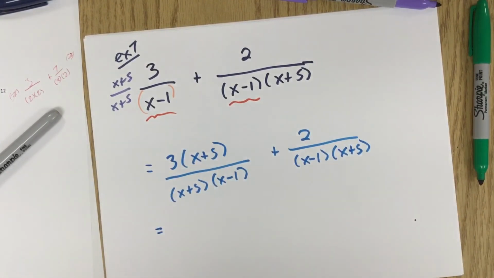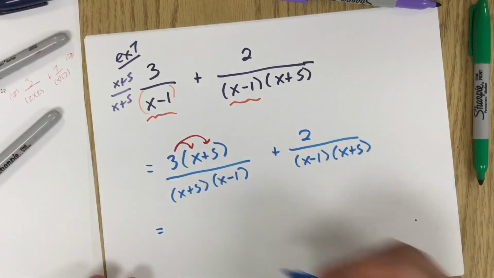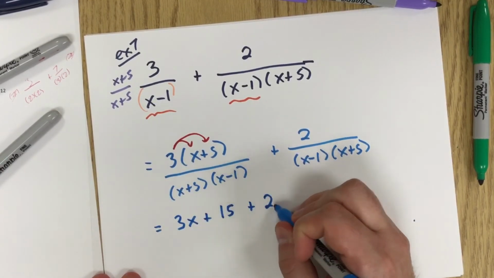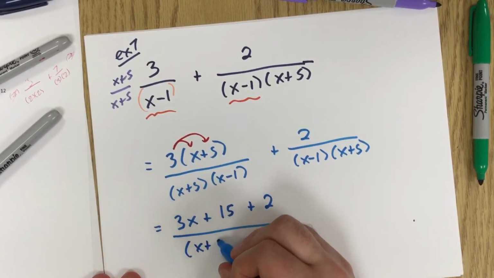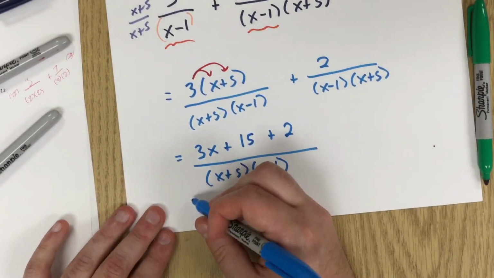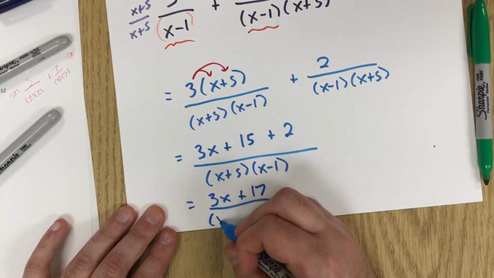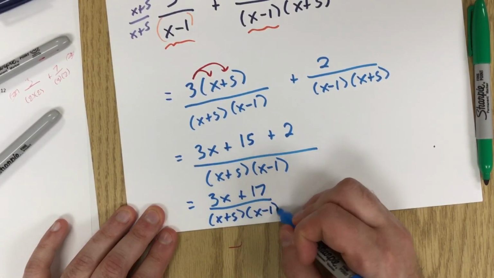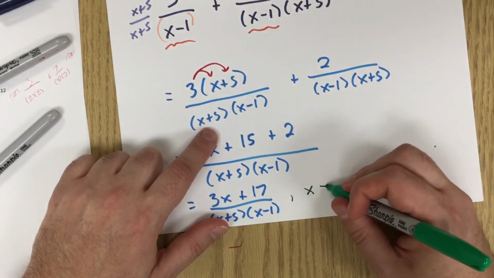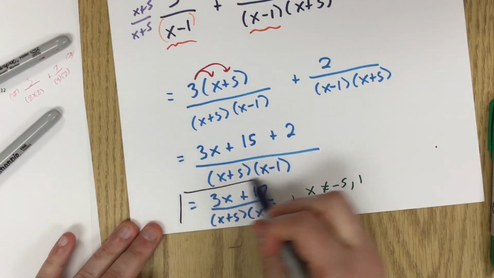So that's going to give us, keeping in mind that we're going to multiply in, 3x plus 15 plus 2 over x plus 5, x minus 1. Oh, I could probably squish this in. 3x plus 17 over x plus 5, x minus 1. Looking for restrictions, I'm going to go through them a little bit quickly here. It's going to be minus 5 and 1. And there we go.